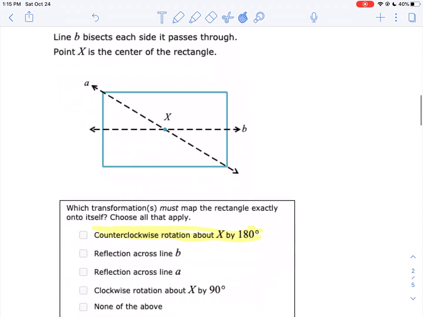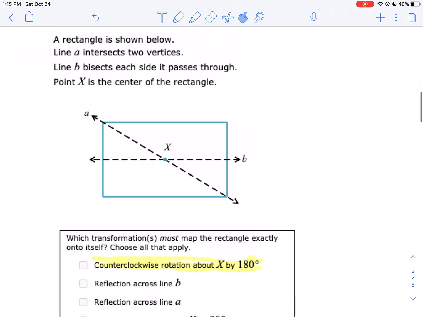How about if we reflect it across line B? Well, line B is this horizontal line. Oh, yes, and every point has its matching point across that line, so we would do that one. How about across the diagonal? Here's the key. Notice in this diagonal, it's not equidistant, is it?